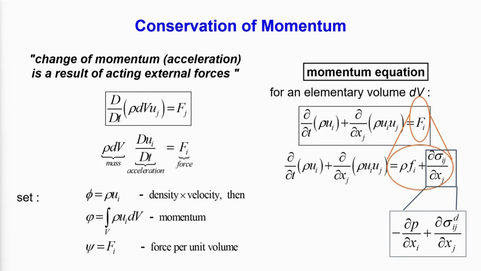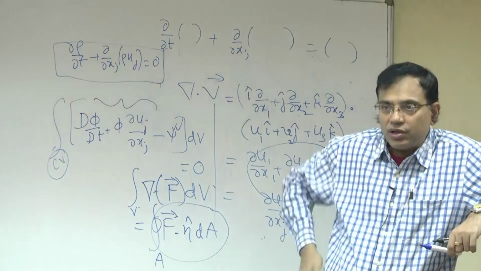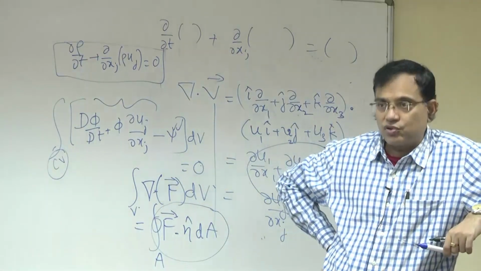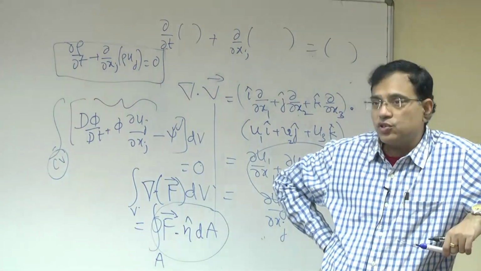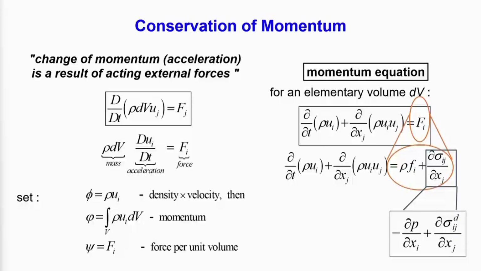Now, you could have two types of forces. One is a force which is distributed throughout the body, that is called a body force. If you have a body force Fi, you can write it as force per unit mass, not per unit volume. So, the total force then is rho into Fi into dV.